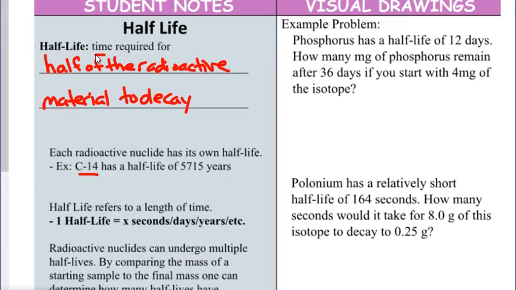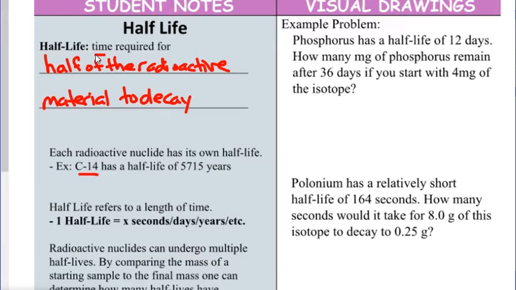So if your body has at least 1 gram of carbon-14 in it, 5,715 years later, it will have a half a gram of carbon-14. So since all living organisms are made out of carbon, and there are small trace amounts of carbon-14 in every fossil sample, they're able to do what's called radiocarbon dating to figure out how much carbon is left, and then evaluate roughly how old that sample is.